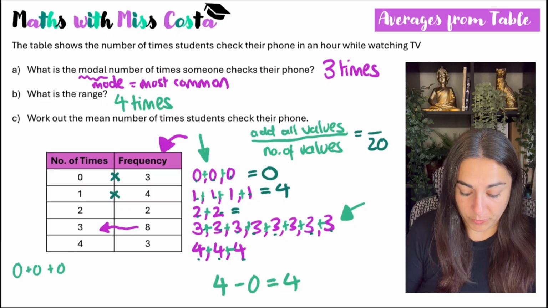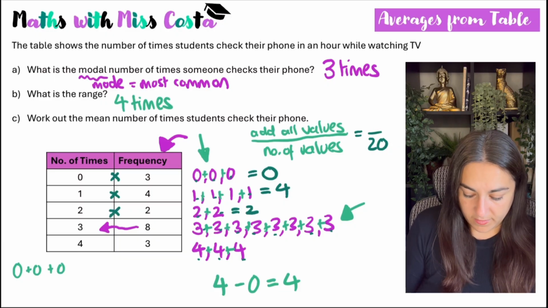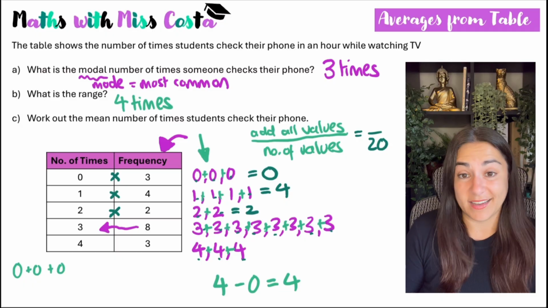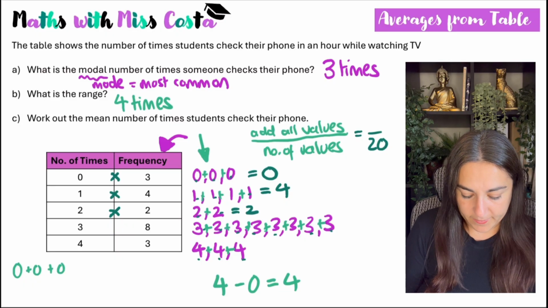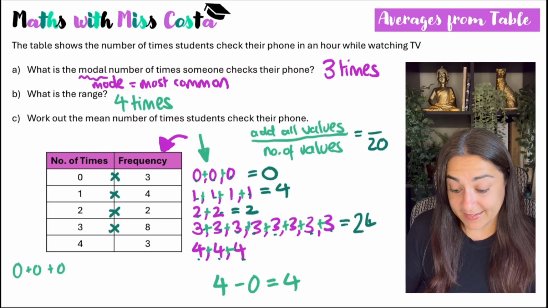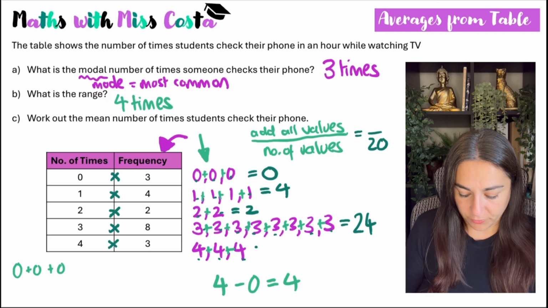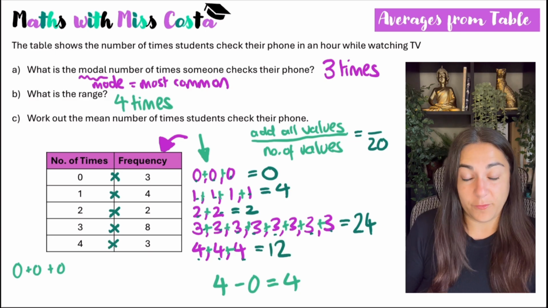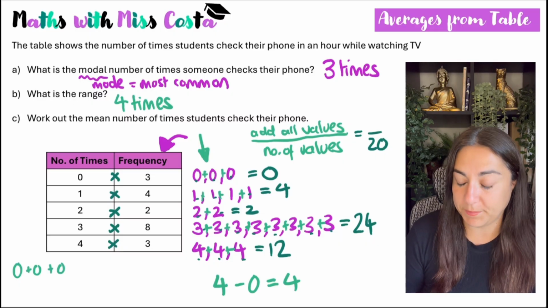Here I could have done 2 plus 2, or 2 times 2, which is 4. Then this is where it gets a bit better to do it the table method. 3 times 8 is 24, or 3 added together 8 times is also 24. And then 4 times 3 is 12, and 4 added together 3 times is also 12. So you choose which way works best for you.